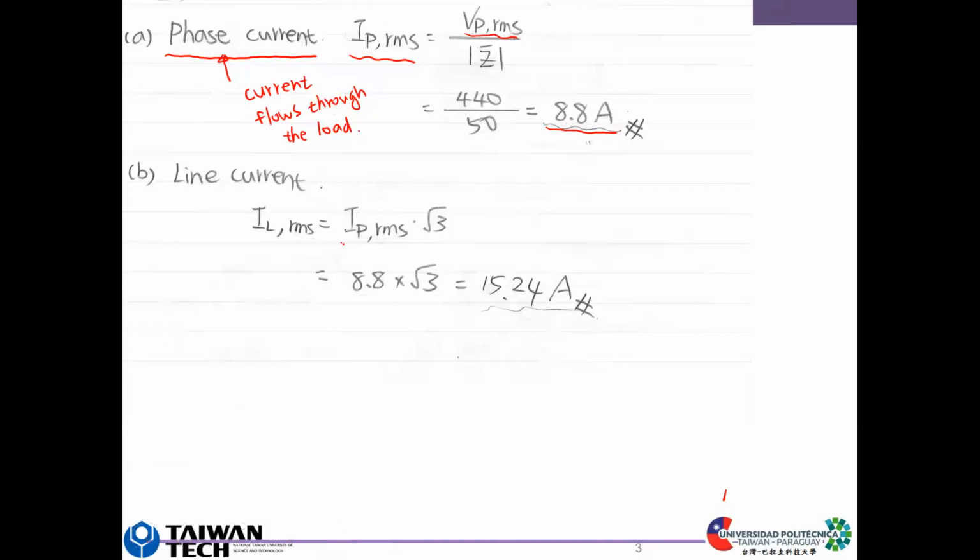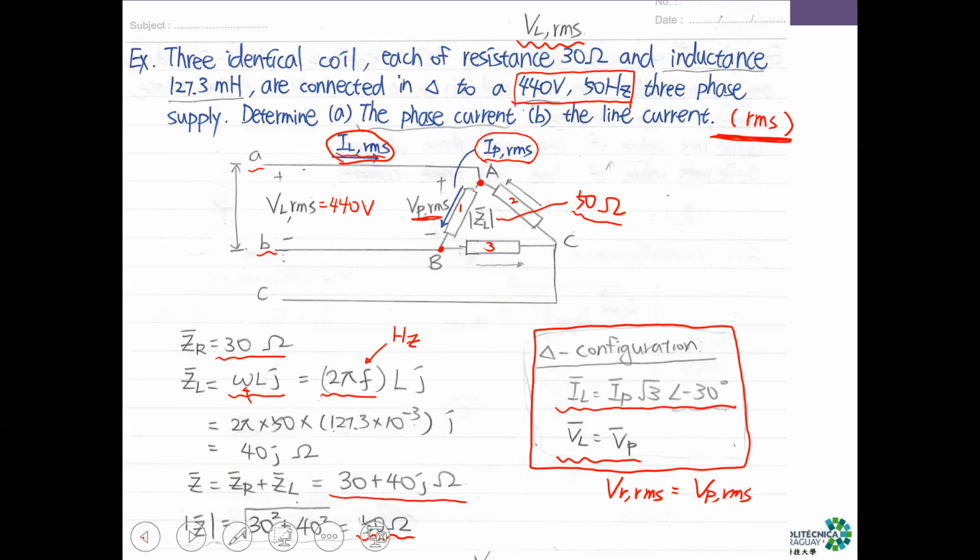Once you got the phase current in RMS and multiply by square root of 3, you have the line current in RMS for this delta configuration. Okay, so that's the characteristic of a delta configuration.